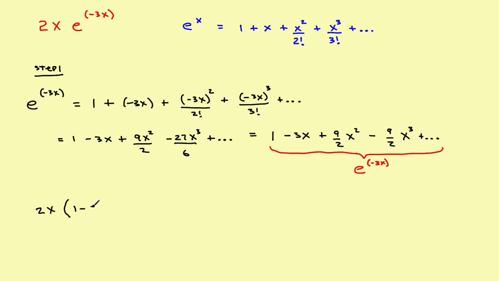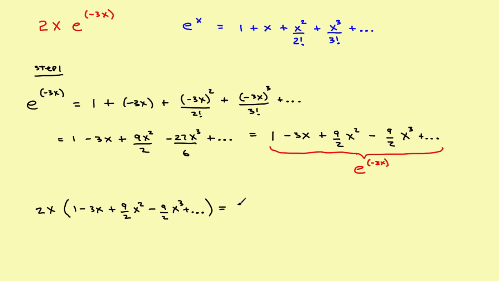So minus 3x plus 9 halves x squared minus 9 halves x cubed, and so on. And the final step is just to distribute this 2x.